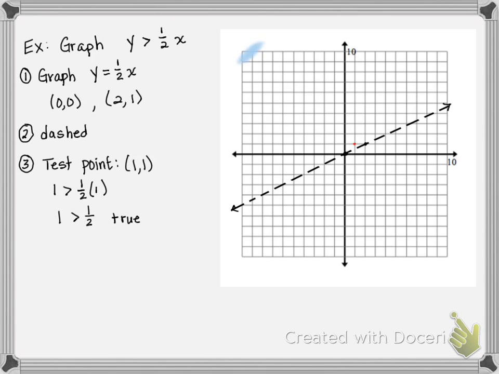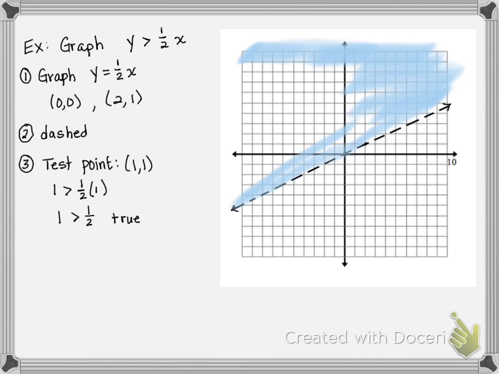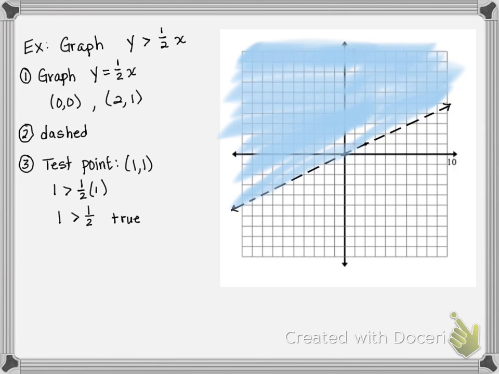So it's going to be everything up here. And again, notice that y is by itself on one side of the equation, and we have y is greater than, and so we shaded everything above.